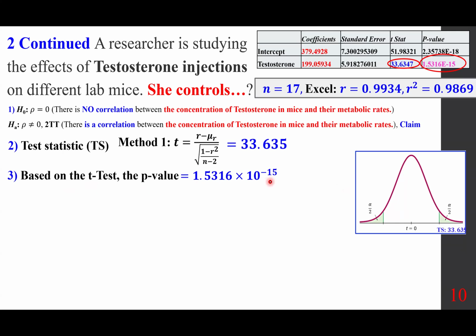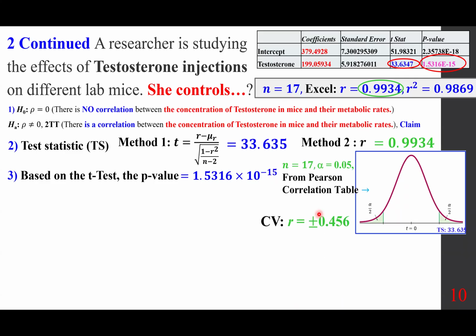For the second method, we use R here, which is 0.9934. And then from the Pearson correlation table, with n equal to 17 and alpha 0.05, from the table you can look it up, we get plus or minus 0.456.